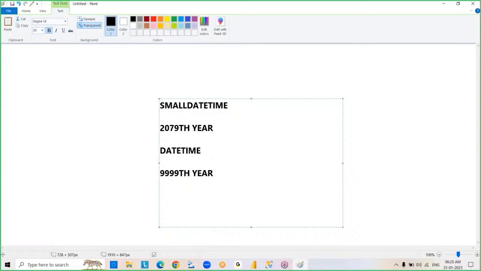So if you want to store only date, only time, even for that we have data types like this. Because sometimes we are going to store only date values, only time values, right? So for that we can use these data types.